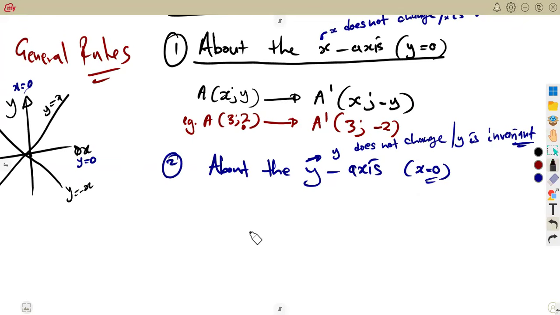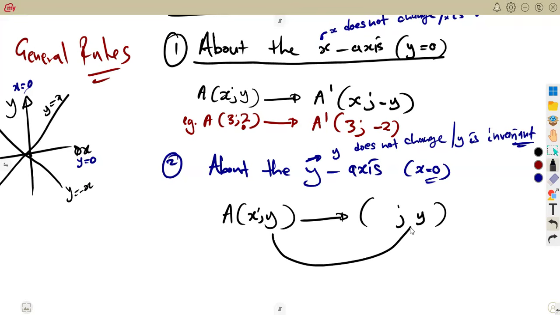So therefore, what is going to be the rule of changing the object A given as (x, y) to its image? The rule is going to be (x, y) goes to (-x, y) like this. Remember, we said y does not change, so the y value is just going to remain as y.